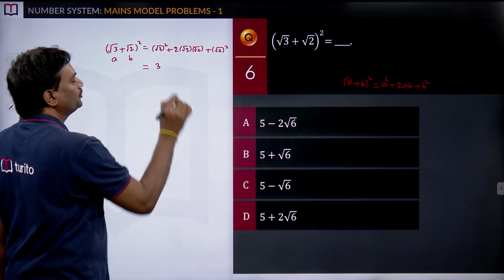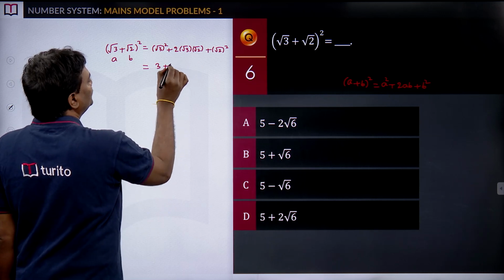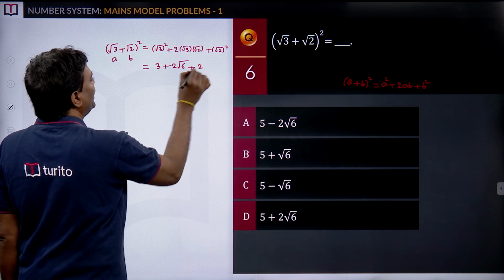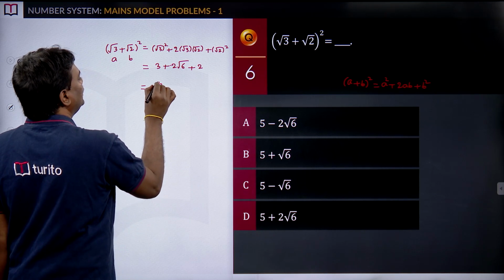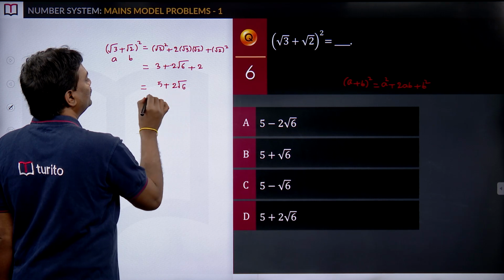Root 3 whole square can be written as 3, 2 into root 3 into root 2 is 2 root 6, and root 2 whole square is 2. By adding 3 and 2 you will get 5 plus 2 root 6.